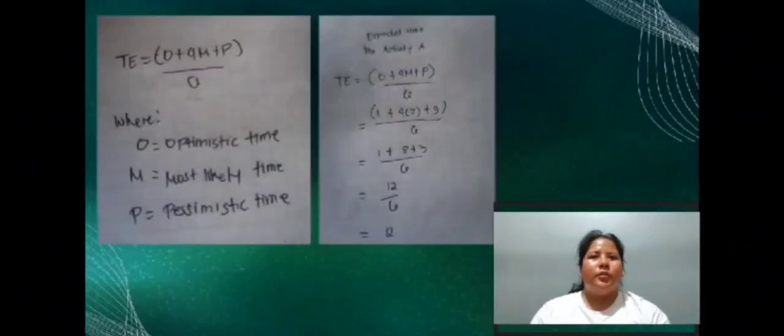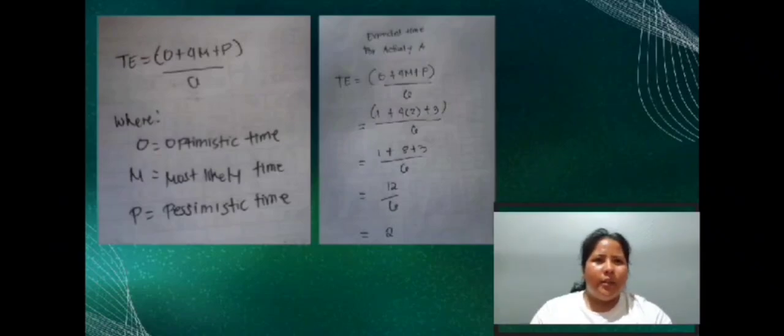TE is equals to O plus 4M plus P divided by 6, where O represents optimistic time, M represents most likely time, and P represents pessimistic time.